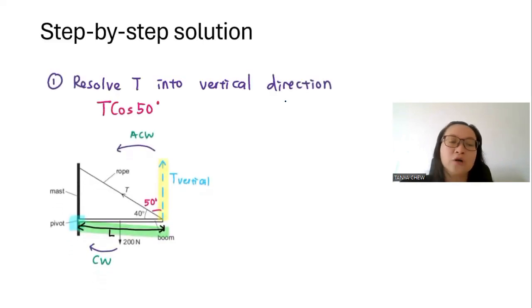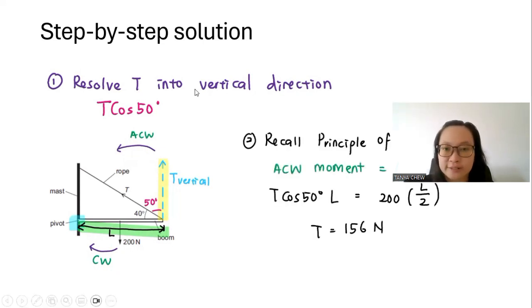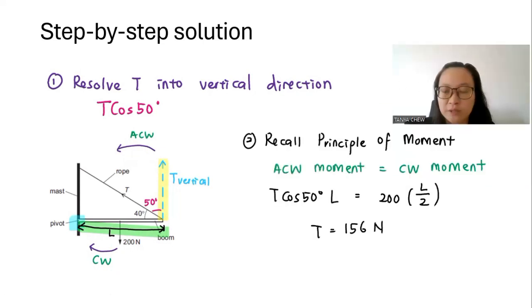And then after that, just use the principle of moment, which is total clockwise moment is equal to the total anti-clockwise moment. And then T vertical to the pivot, identify your pivot first, is anti-clockwise. And the weight, which is 200 Newton towards the pivot, this is clockwise moment. The whole length of the boom is, I just put L because no value is given here.